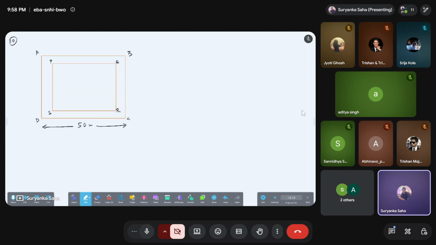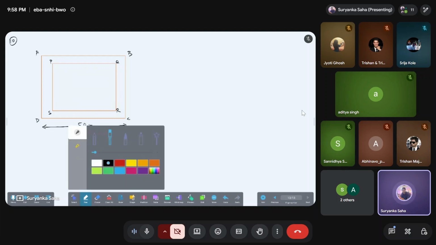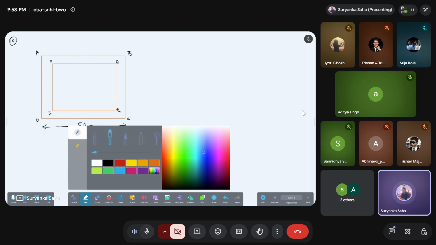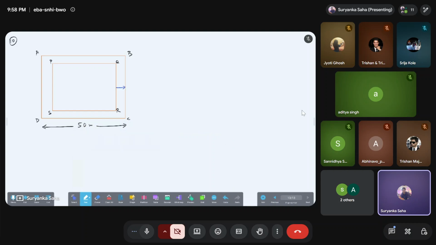Okay. So let the path width be x. Width of the path be x. So this will be x. Again this will be x. Footpath. Okay. Width of the footpath x.